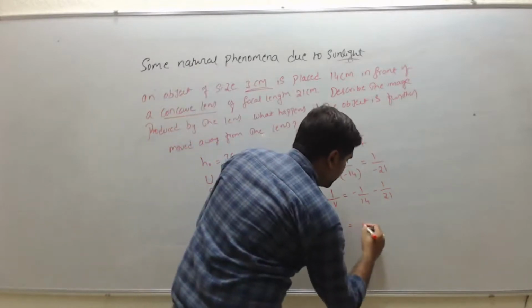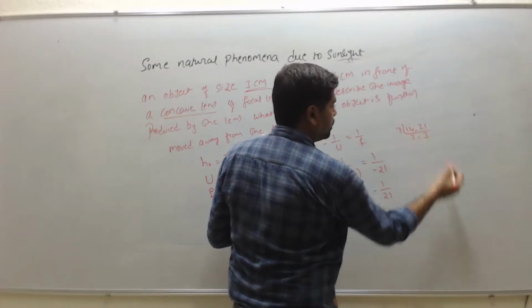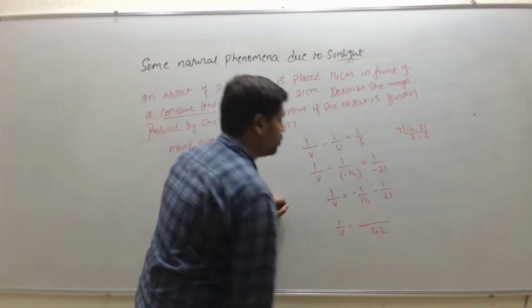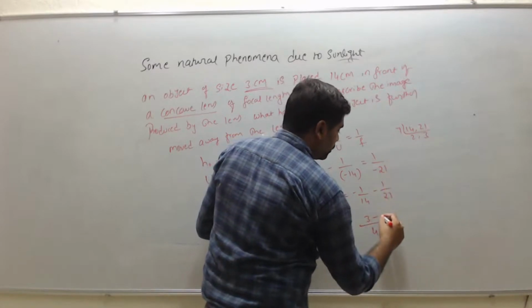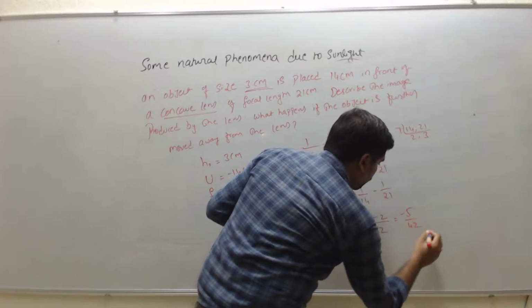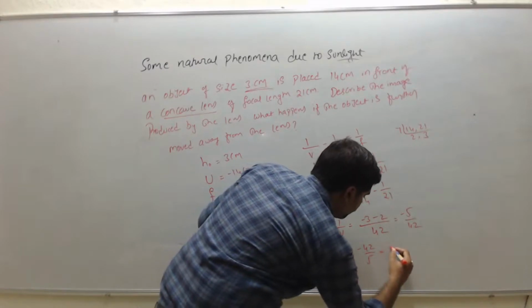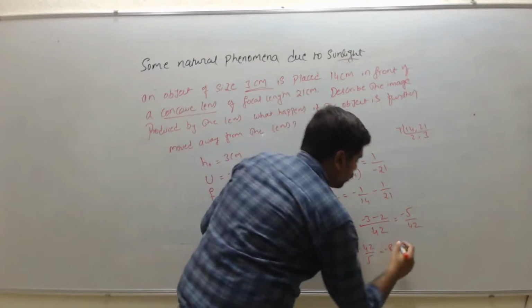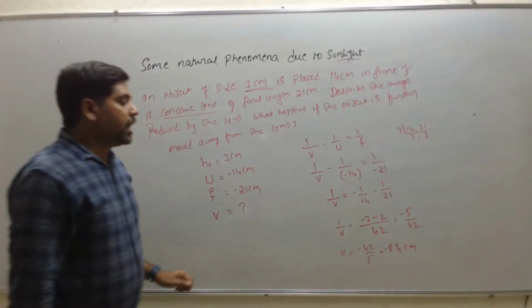If we take the LCM of 14 and 21, that is 42, 1/v equals (minus 3 minus 2)/42, that is equals minus 5/42. Then v equals minus 42/5, that is minus 8.4.